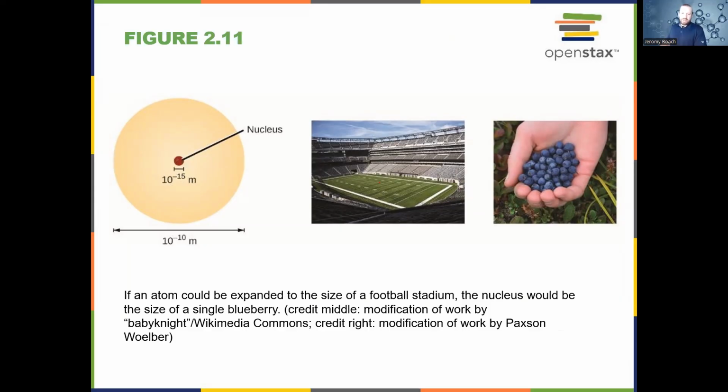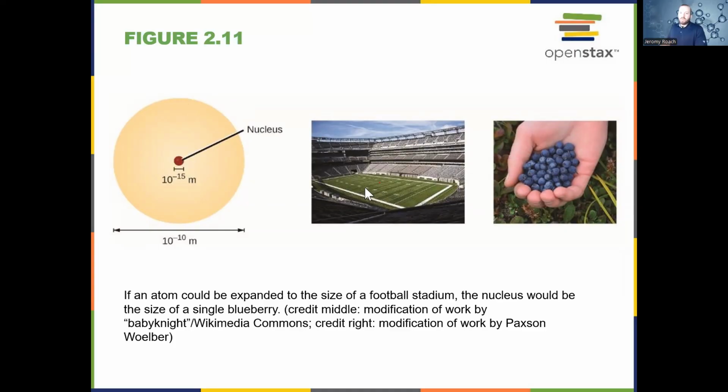If we're thinking in terms of a scale of the real world, we can think of a large stadium of people, the entire stadium being the entire atom, with the electron cloud and the nucleus in the center.